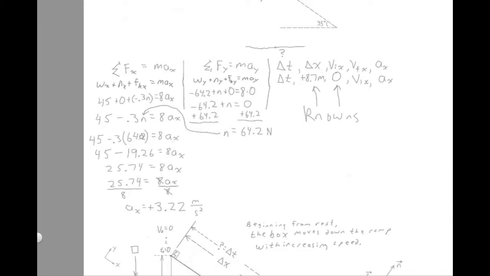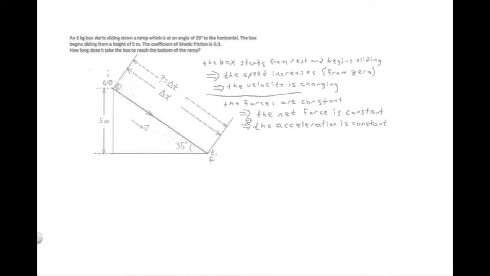We've now derived a single number for the magnitude of each of the three forces in this problem at every point in time that we're considering, and that confirms that the forces really are constant in this problem. So our initial analysis that the forces would be constant has been confirmed by our results. That confirms that the net force is constant, and that confirms that the acceleration is constant.